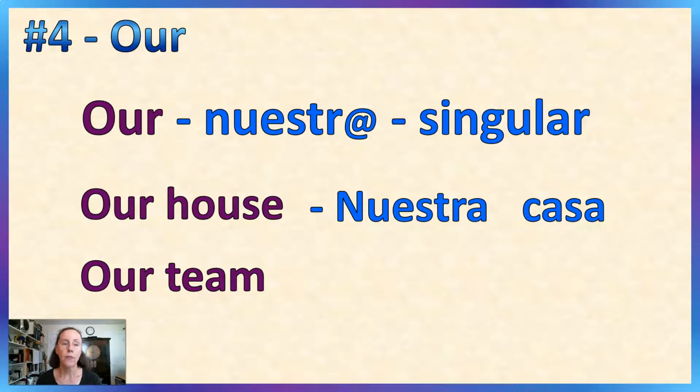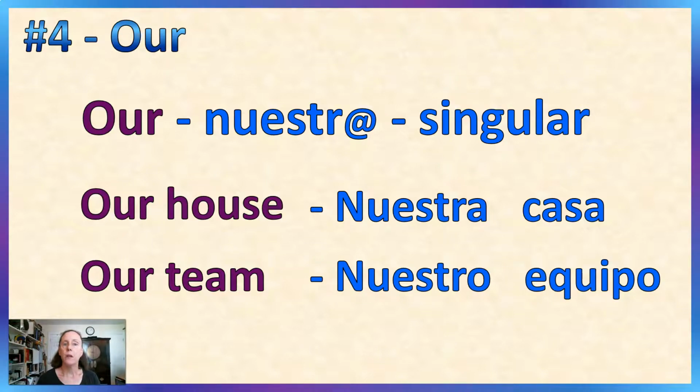So now we have to not only pick the appropriate possessive adjective, but we also have to make sure that we make that adjective agree. Casa is feminine, so therefore we need to make sure that we change that last vowel of nuestro or nuestra to the A. And then our team, nuestro equipo.